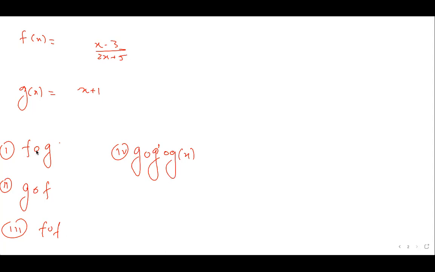Firstly, understand that f of g means you're inputting the g of x expression into f in place of x. So wherever you see x in f, you replace it.